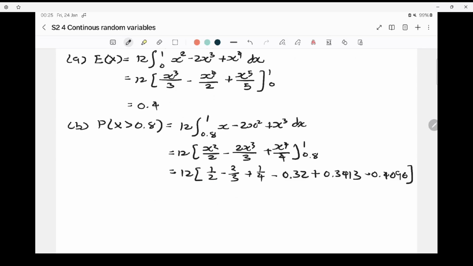So do the calculation. There will be 1 over 2 minus 2 over 3 plus 1 over 4 minus 0.32 plus 0.3413 minus 0.4096. So judging from my calculation, I probably calculated something wrong. Let me recalculate.